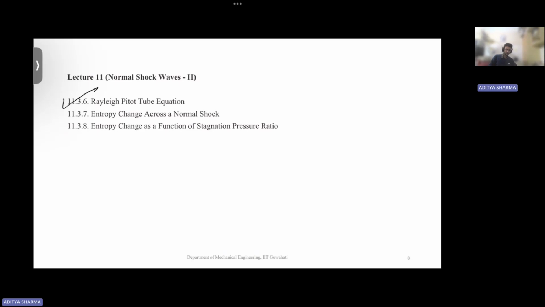So this is really the Pitot tube equation. You can refer to the lecture; you can see it better there. It's a long expression.